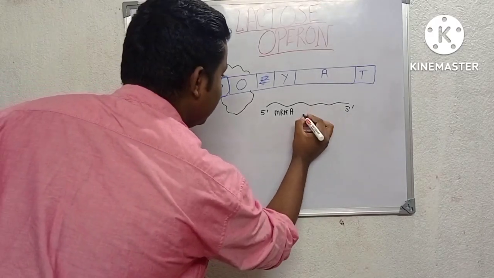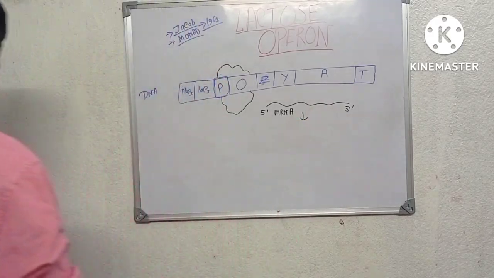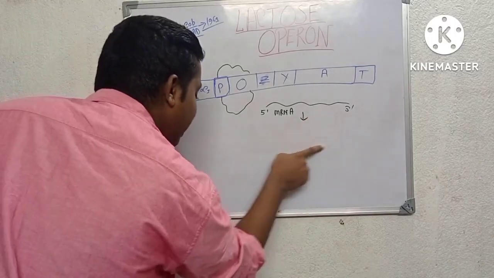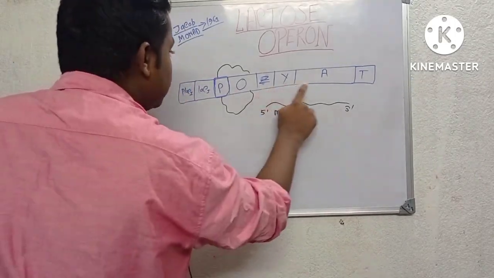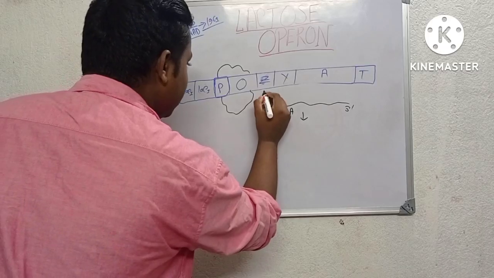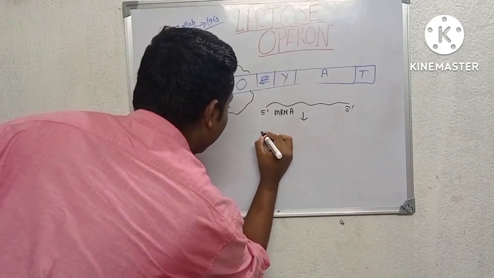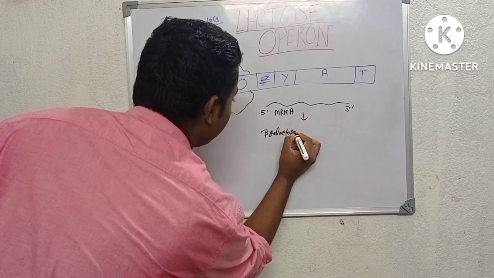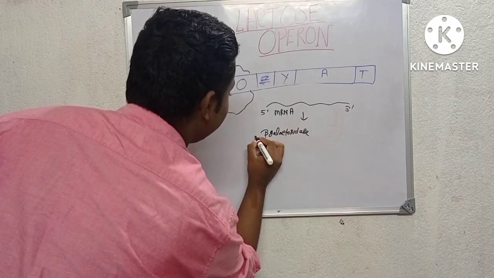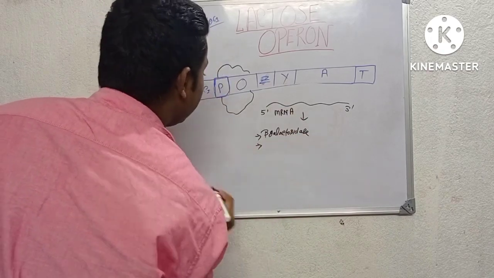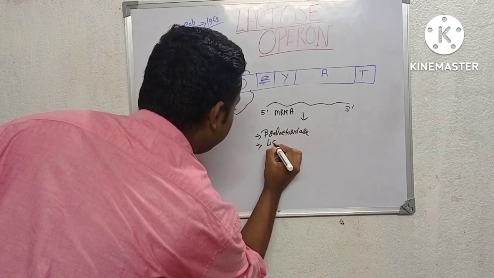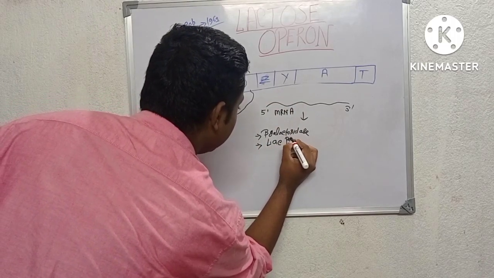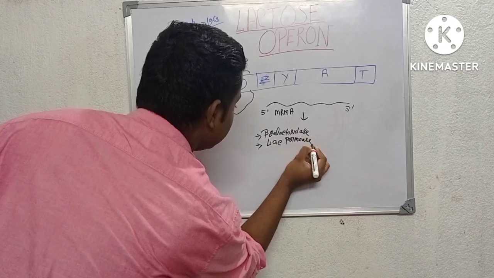And when this messenger RNA is translated, these gene products will be formed. The Z gene codes for beta galactosidase enzyme. Y gene codes for lac permease enzyme.